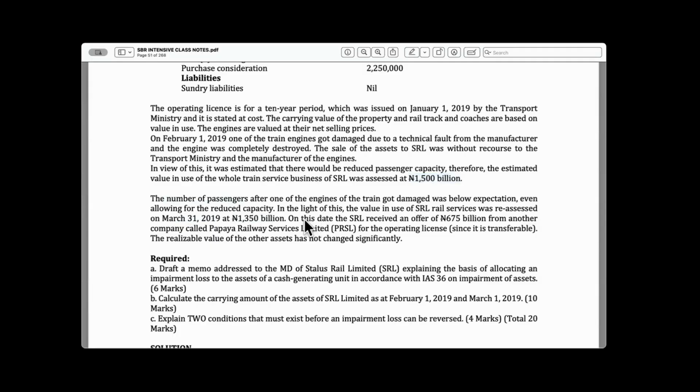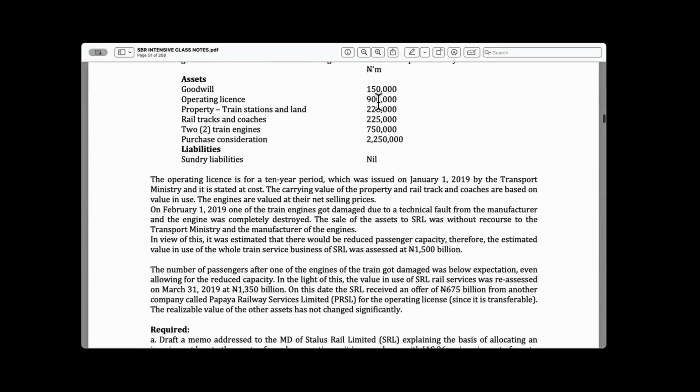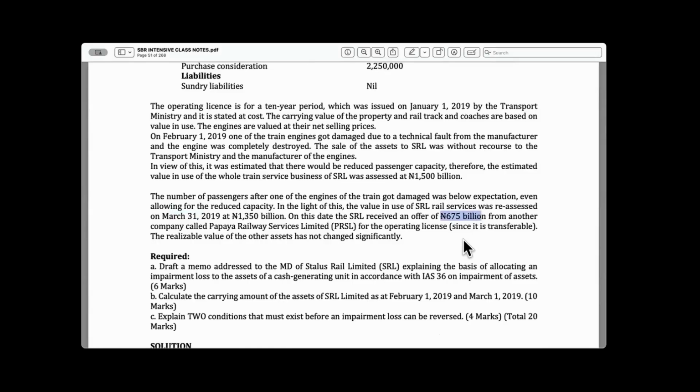Then on this date, SRL received an offer of 675 from another company called Papaya for the operating license. So somebody came and said he wants to buy the license. That means as of March, the net realizable value of the license is now 675.